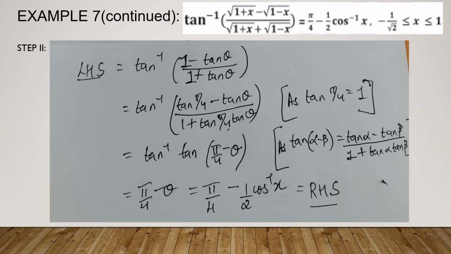So tan pi by 4 minus tan theta upon 1 plus tan theta, where the 1 in the denominator I can write as tan pi by 4 into tan theta. So now it is tan inverse of tan of pi by 4 minus theta. So that is pi by 4 minus theta, which, you know, is half of cos inverse of x. Hence this is equal to our right hand side.